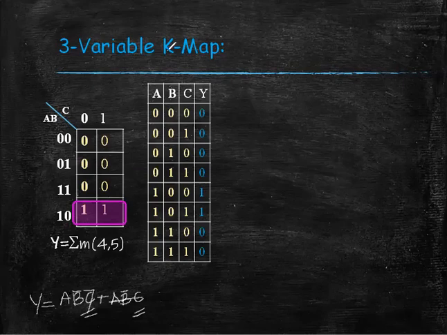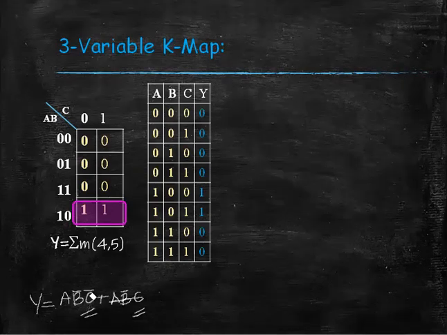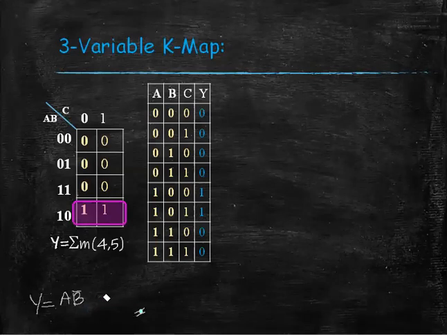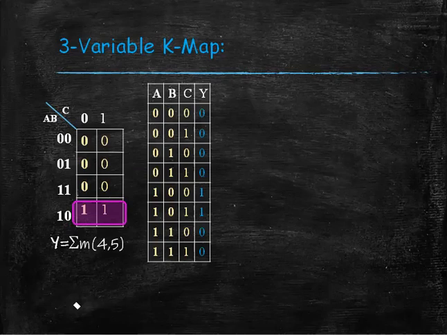The remaining quantity is only this, that is, y must be equal to A B bar. Is it clear?